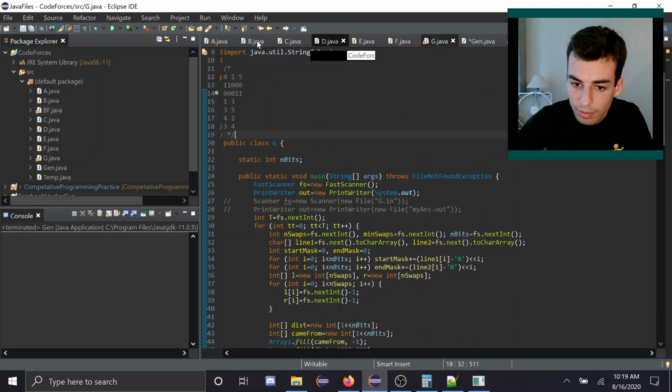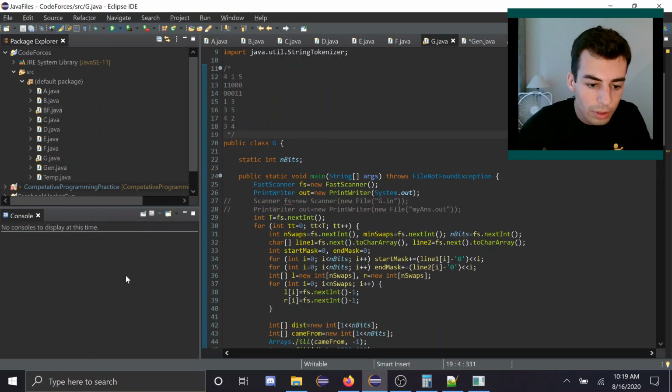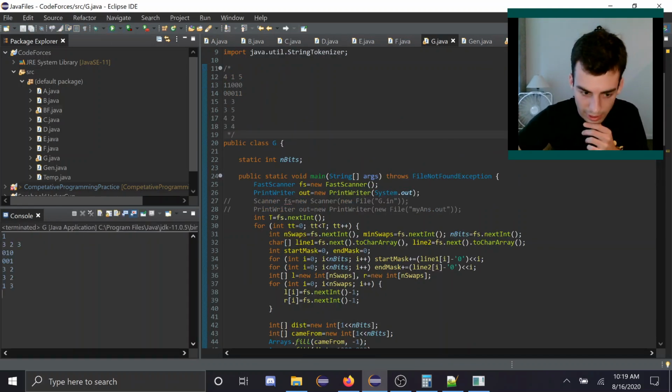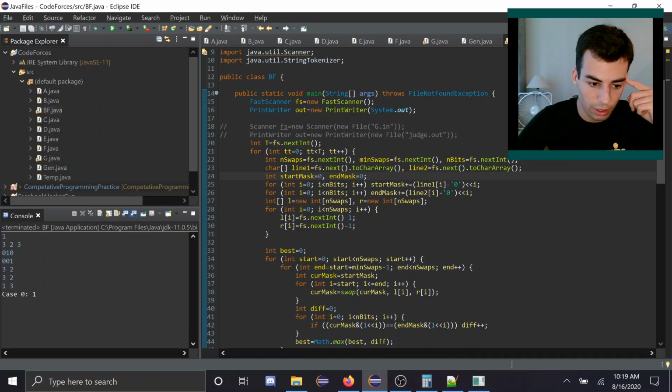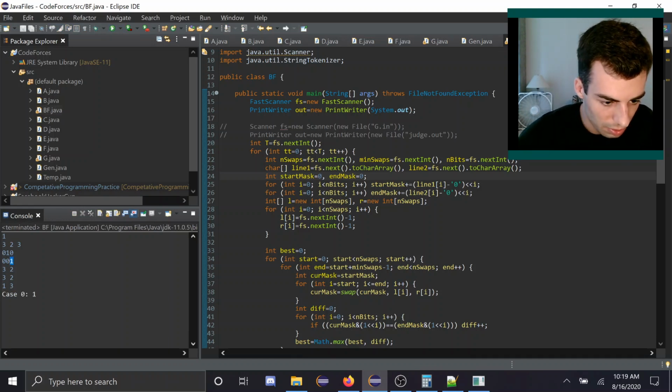Alright, 15 minutes left to fix this case. We say the answer is 3. In reality, the answer is 1. You can swap 3 and 2. You swap 3 and 2, then 1 and 3.